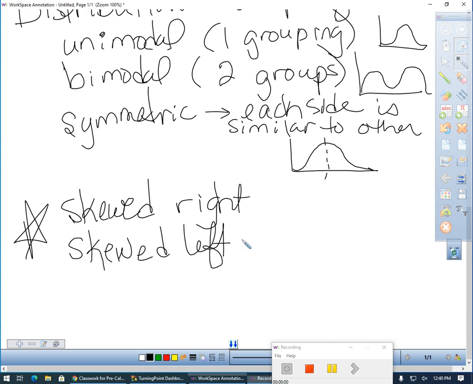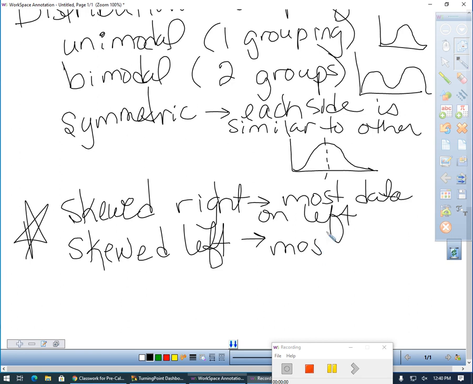Now, the reason I say these are tougher is because it says skewed right, but what that really means is most of the data is on the left. So if it says skewed left, that means most of the data is on the right.